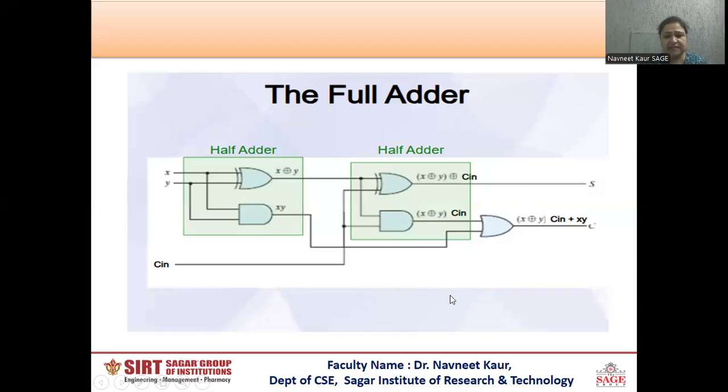Now, if I look at this diagram of the full adder, we can see that this block represents a half adder. Similarly, this block also represents a half adder, and the carry outputs of both the half adders are given to the OR gate. That means the full adder circuit can be represented as a combination of two half adders.